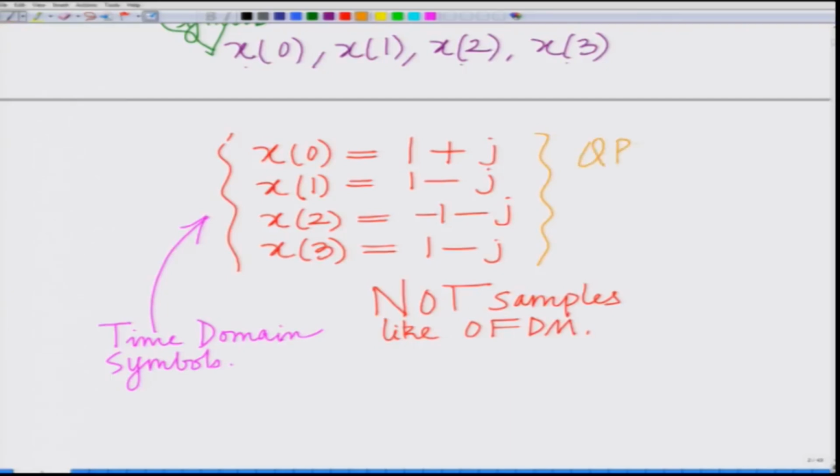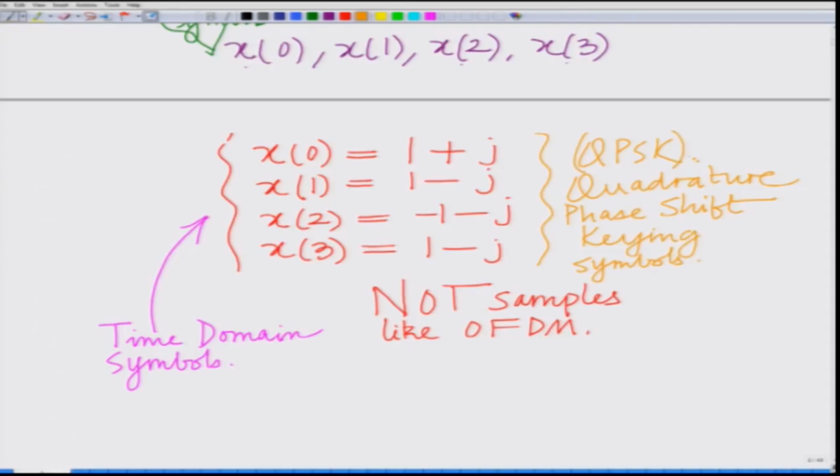QPSK, that is quadrature phase shift keying, if you are familiar with communication. What is quadrature phase shift keying?